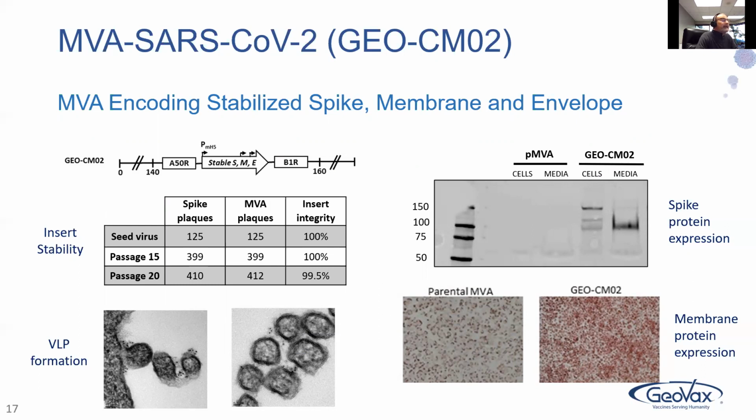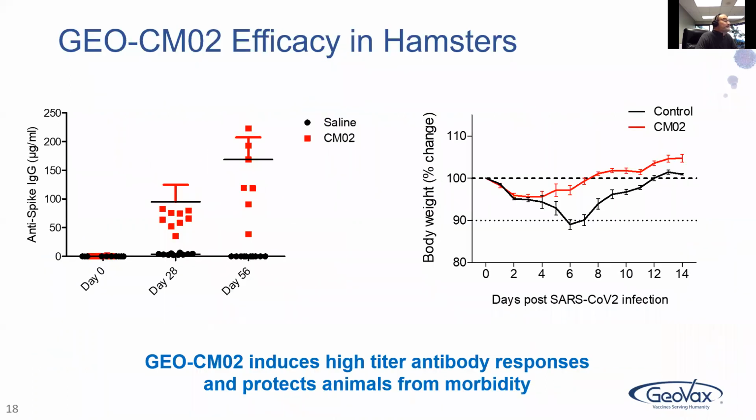And then on the lower right hand, I'm showing an immunostaining of cells infected with the CMO2 vaccine, showing membrane expression. So CMO2 encoding membrane, spike and envelope is producing virus-like particles that mimic SARS-CoV-2 and induce immune responses.